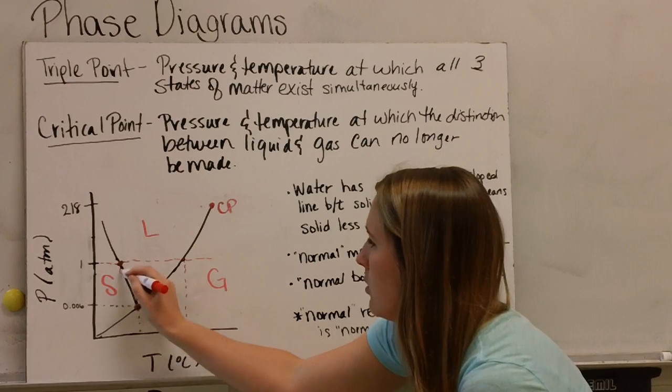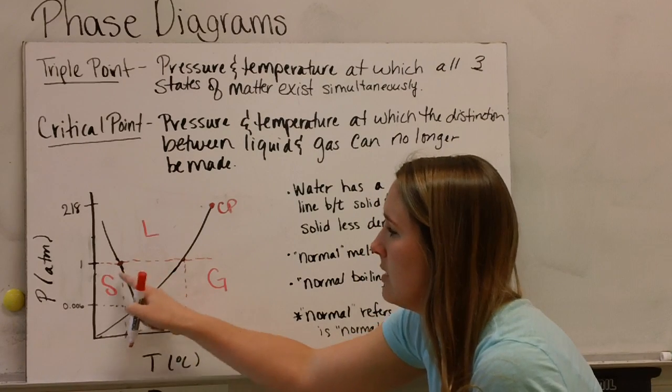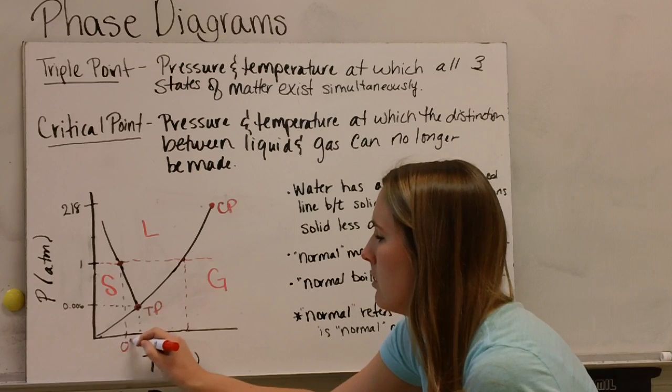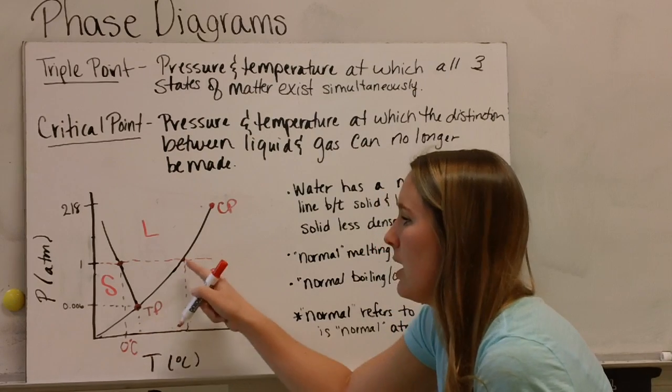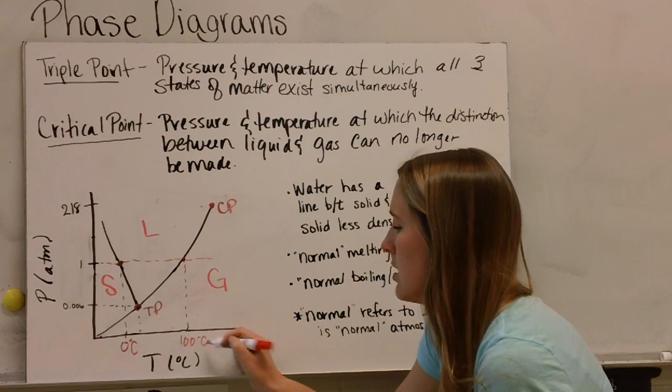That's going to be our normal melting point and boiling point. Melting between solid and liquid should be 0 degrees Celsius for water, and boiling between liquid and gas will be 100 degrees Celsius for water.